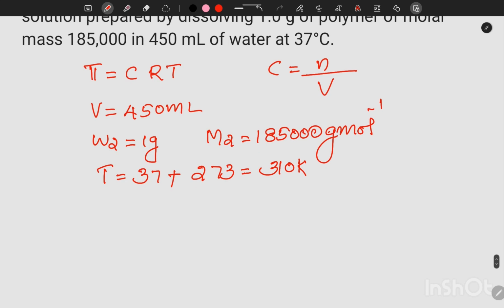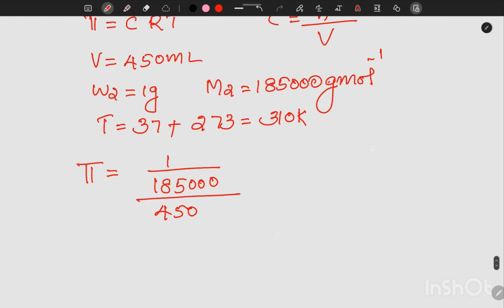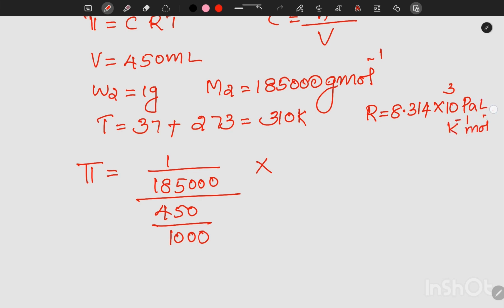Now pi is equal to C, number of moles, mass over molar mass, divided by volume of solution in liters. So 450 by 1000 into R, the gas constant, that is 8.314 into 10 raised to 3 Pascal liter Kelvin raised to -1 mole raised to -1.